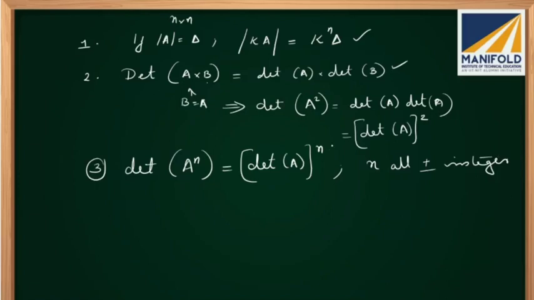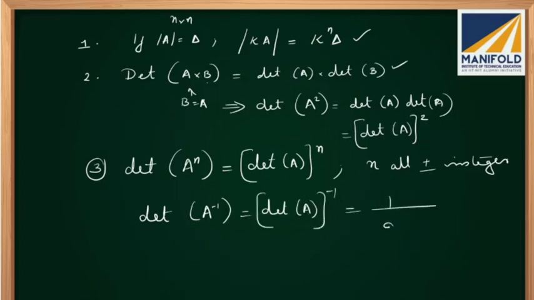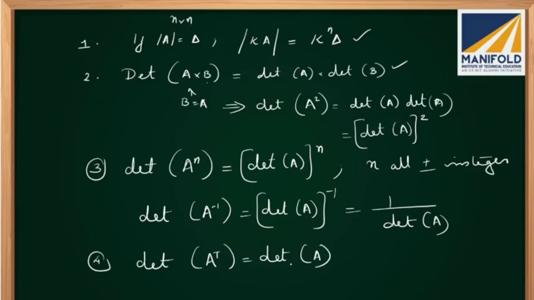Even if n is equal to -1, that is an interesting result: the determinant of A inverse is the determinant of A to the power -1, which is 1 by the determinant of A. Also, one more property you need to learn: the determinant of A transpose is always equal to the determinant of A.